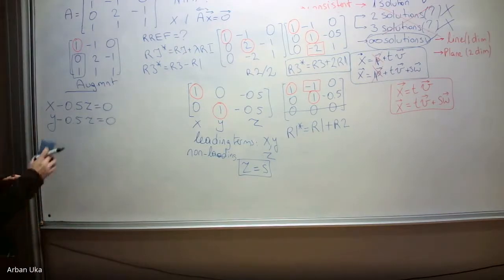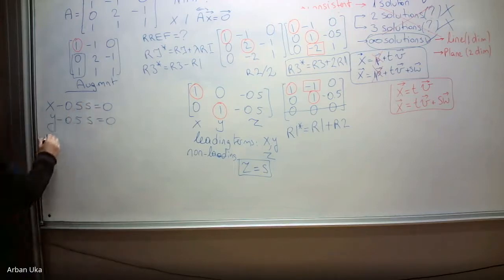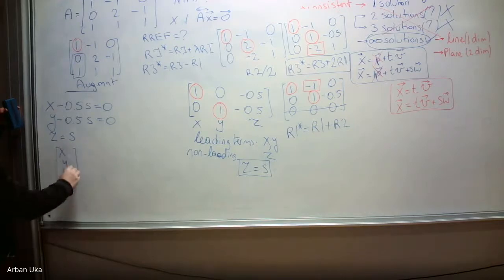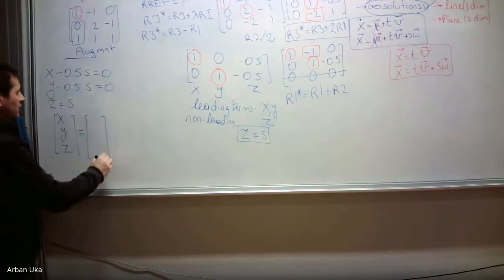So z, we have assigned this as s, and z itself is also equal to s. Then we need to write what is x, y, and z. X, y, and z is equal to, since we have one free variable, we can denote it like this.